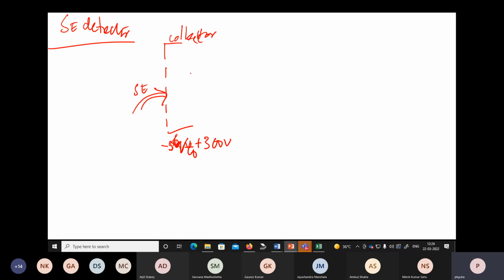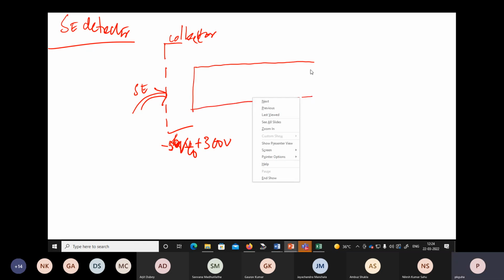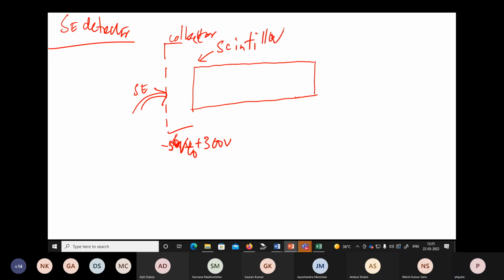After this collector there is a scintillator. The scintillator is at a much higher voltage, of the order of plus 10 kV.